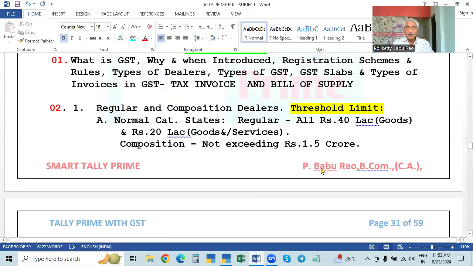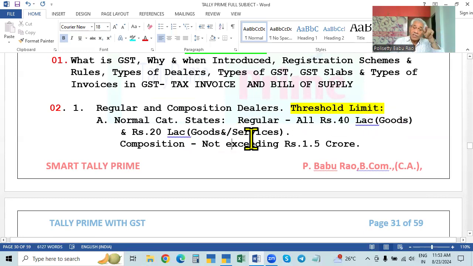The threshold limit is: if they are dealing exclusively with goods, the limit is 40 lakhs turnover. If the turnover of 40 lakhs is crossed, the persons have to get registration.